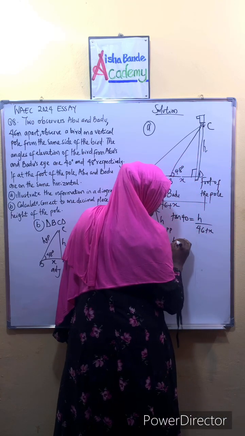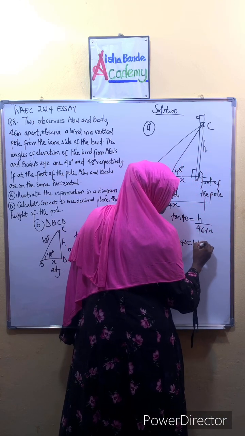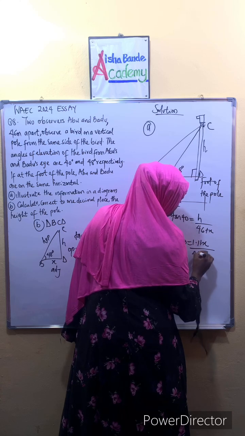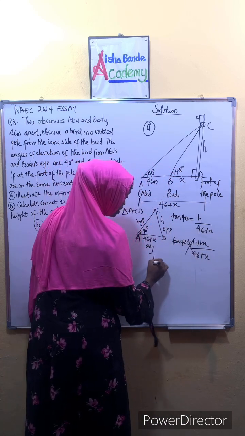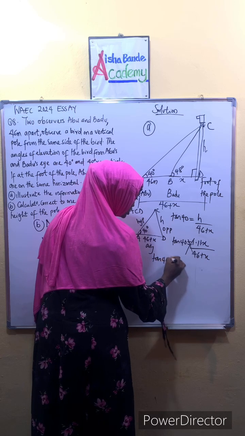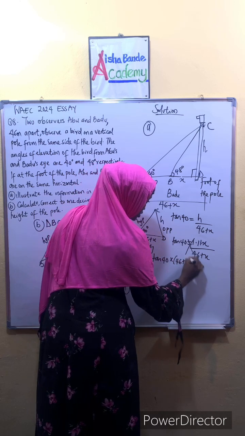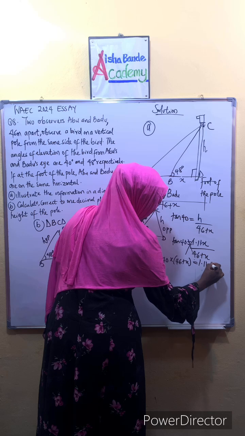So this becomes tan 40 is equal to 1.11x over 46 plus x. From here, we cross multiply, we have tan 40 times (46 plus x) is equal to 1.11x, right?